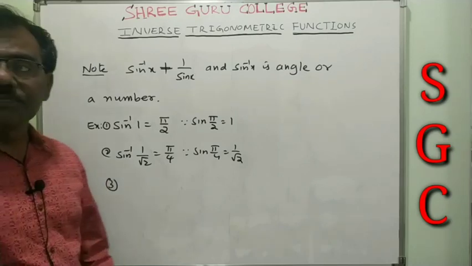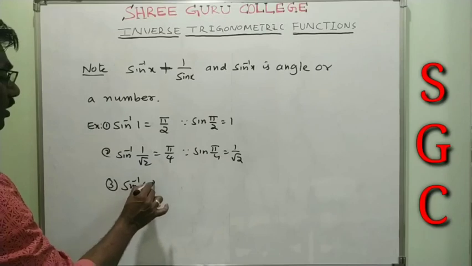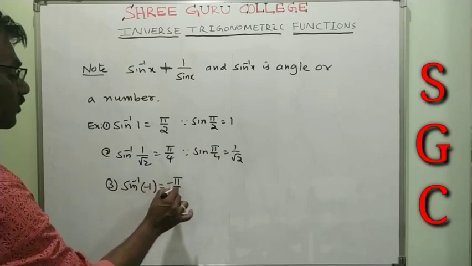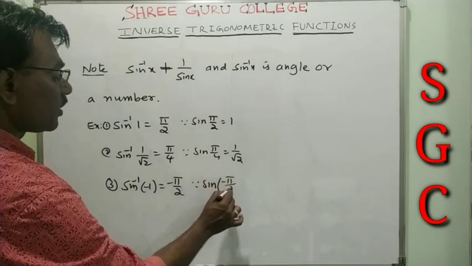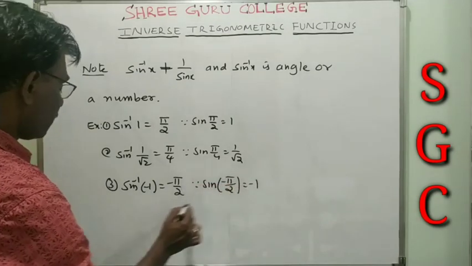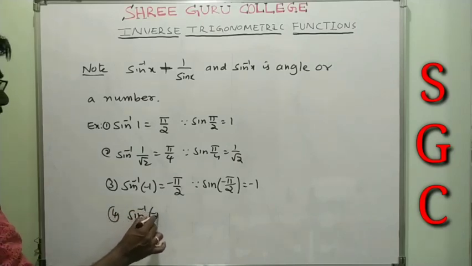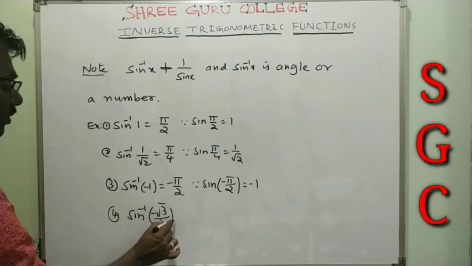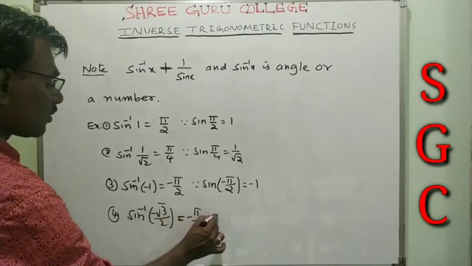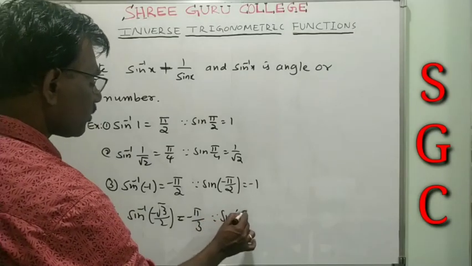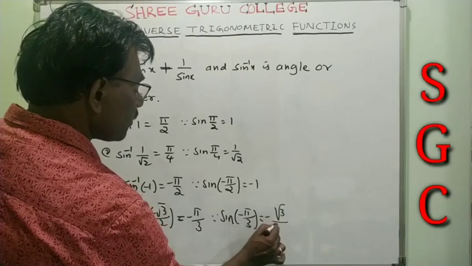Third example, sine inverse of minus 1 equals minus pi by 2, because sine of minus pi by 2 equals minus 1. Sine inverse of minus root 3 by 2 equals minus pi by 3, because sine of minus pi by 3 equals minus root 3 by 2.